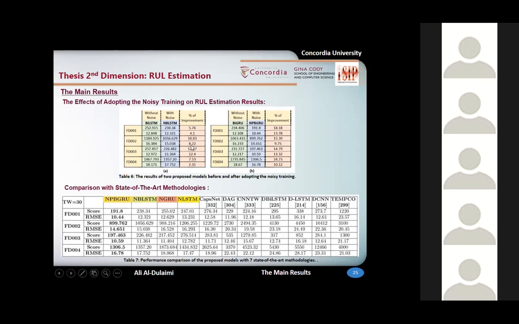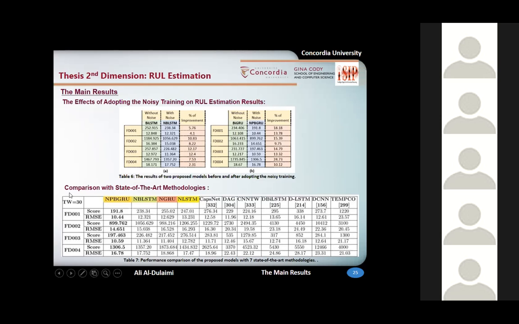We can see that in the first table, the first part, we followed the partial noisy training, while in the second one, we followed the fully noisy training. We can see that the improvement levels in the fully noisy training are much higher than the partial. However, the fully noisy training is very sensitive to the noise level, as we saw before.